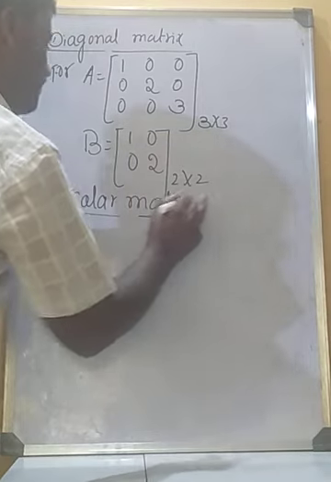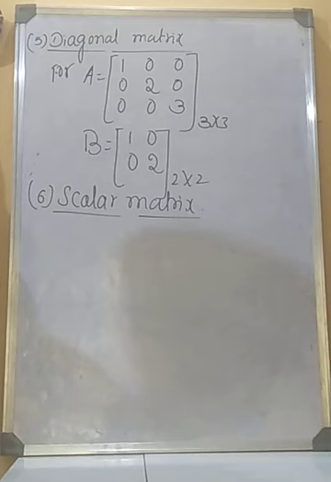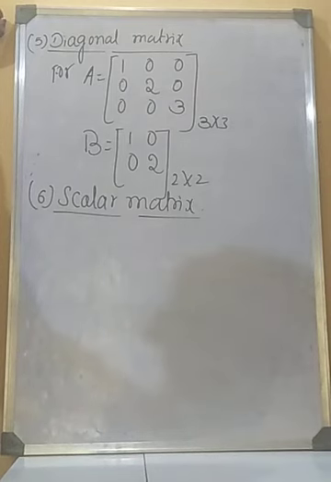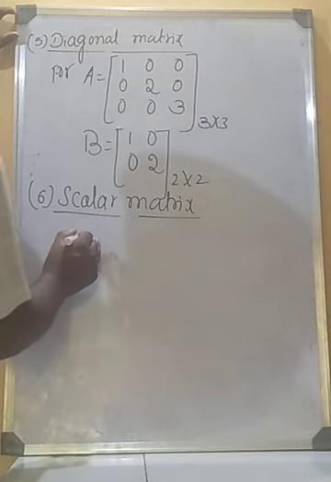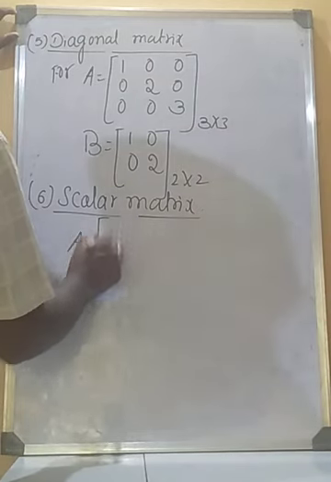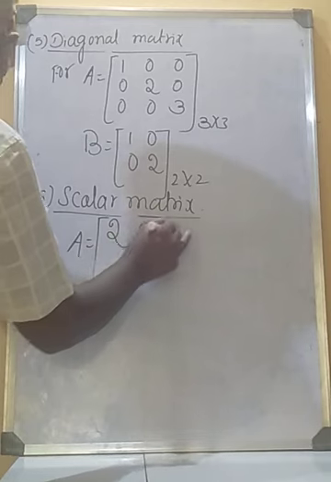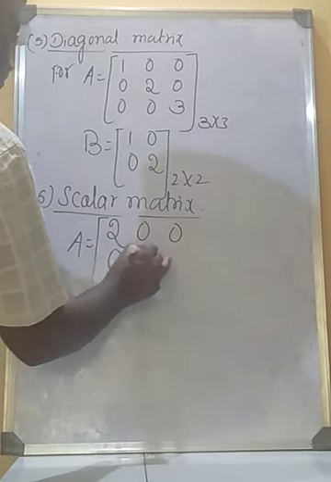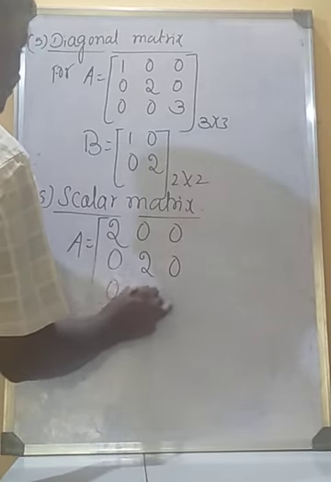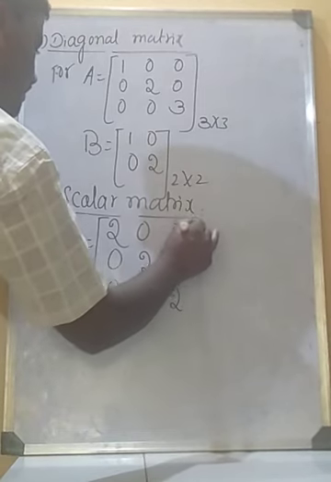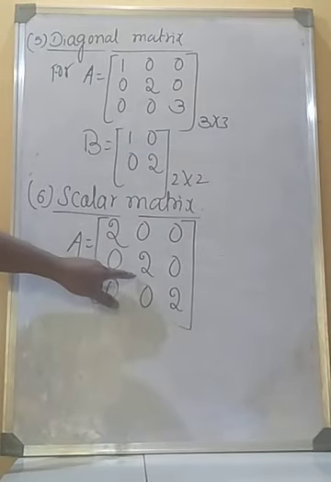The next one, the sixth one, scalar matrix. A diagonal matrix is said to be a scalar matrix if all its diagonal elements are equal. Example, matrix A is [2 0 0; 0 2 0; 0 0 2], which is also a diagonal matrix.